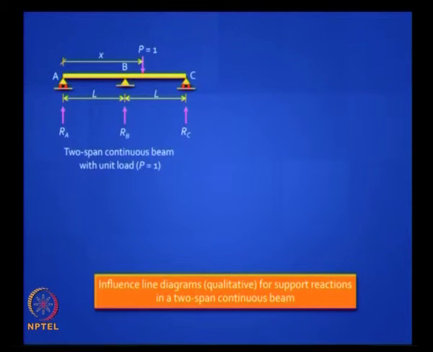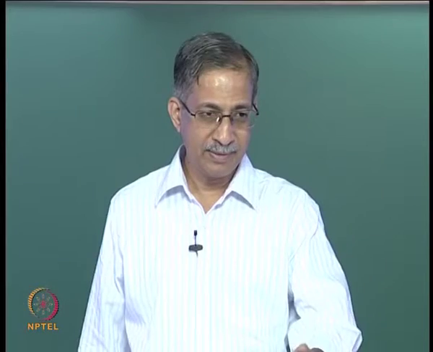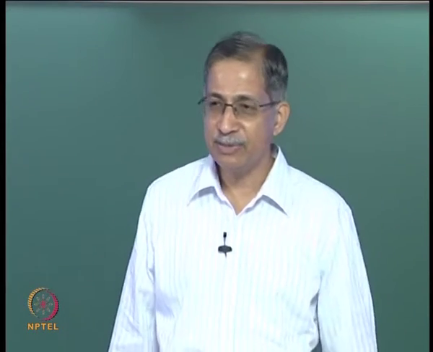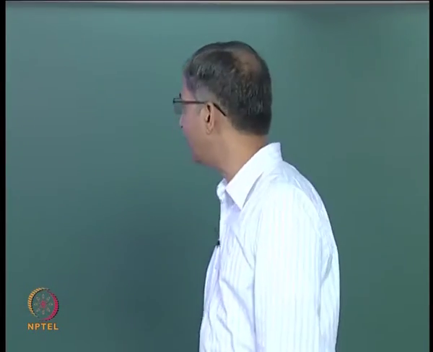And I would like you to try drawing the shapes of the influence line diagrams qualitatively, just the shapes, for RA, RB and RC quickly. RA we have already drawn. Can you draw the influence line diagram shape for RB and RC?